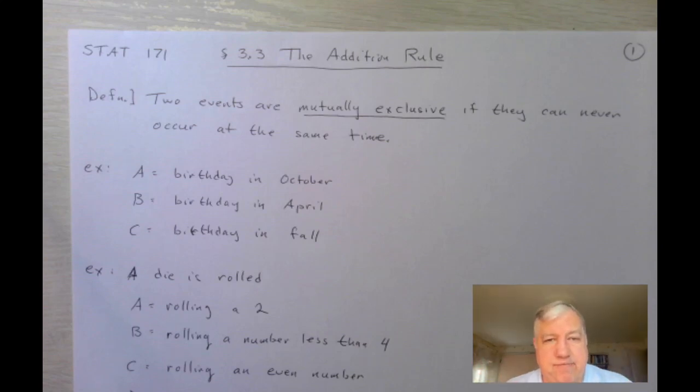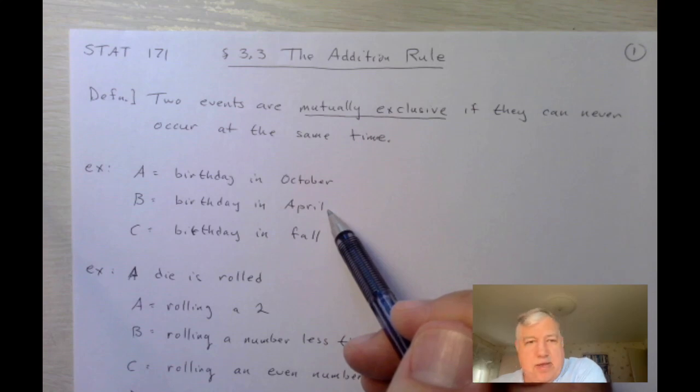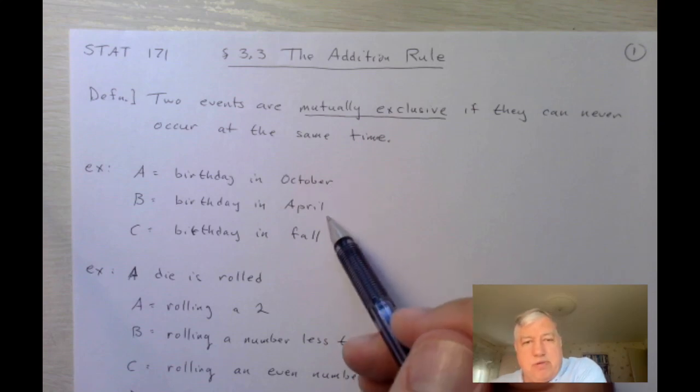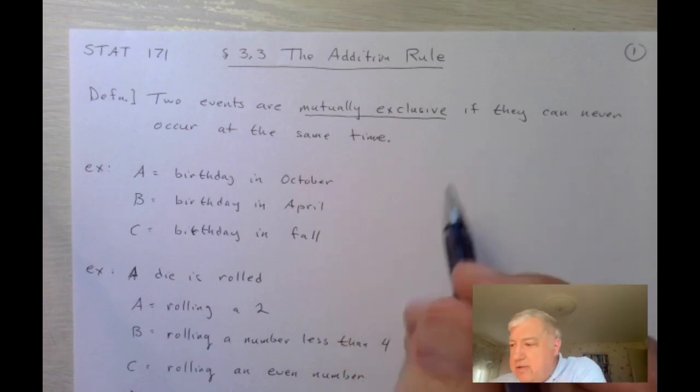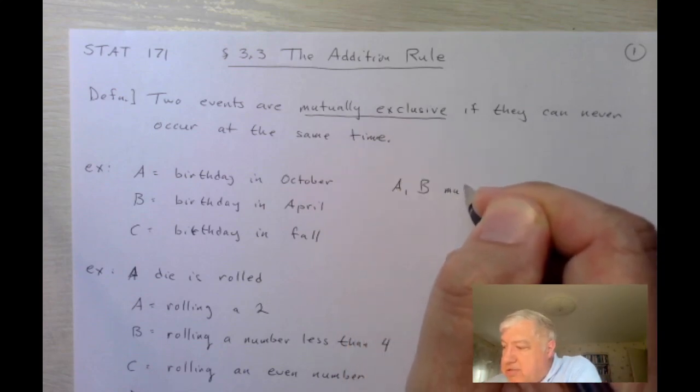We say two events are mutually exclusive if they can never occur at the same time. Hopefully that's pretty straightforward. An example would be having a birthday in October and having a birthday in April. There's no way the same person can do that, right? So we would say A and B are mutually exclusive.